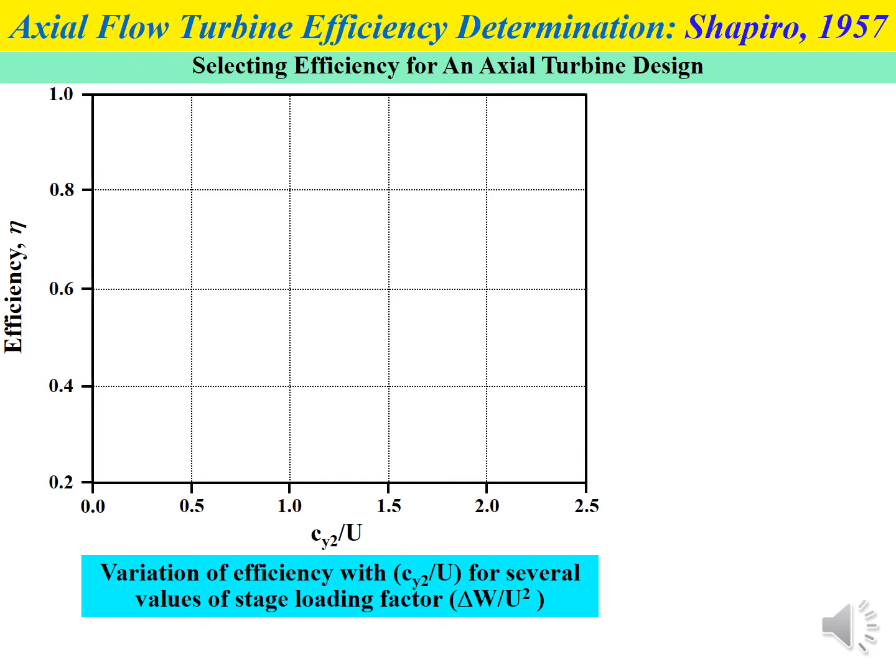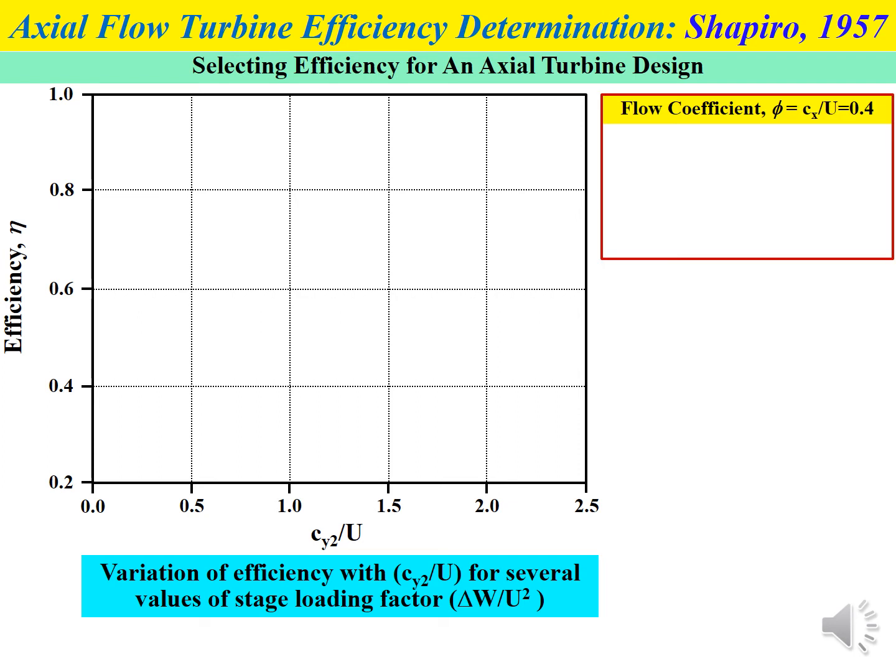Shapiro 1957 obtained the correlation in terms of efficiency versus Cy2 divided by U, and the data is specific for the flow condition psi equal to Cx over U equal to 0.4, aspect ratio H over b equal to 3, and Reynolds number equal to 100,000.